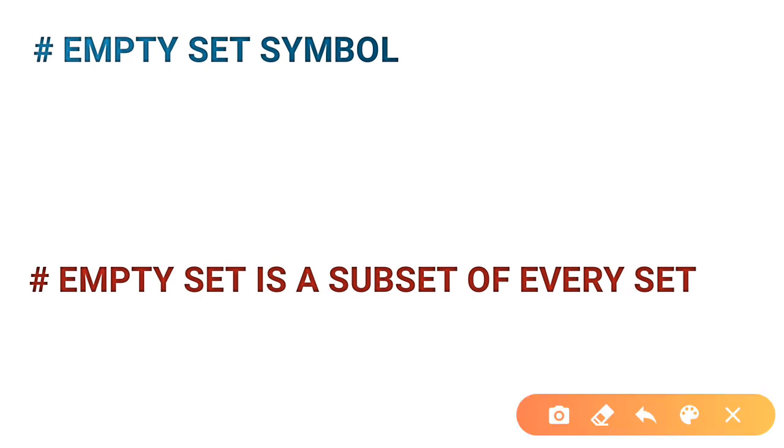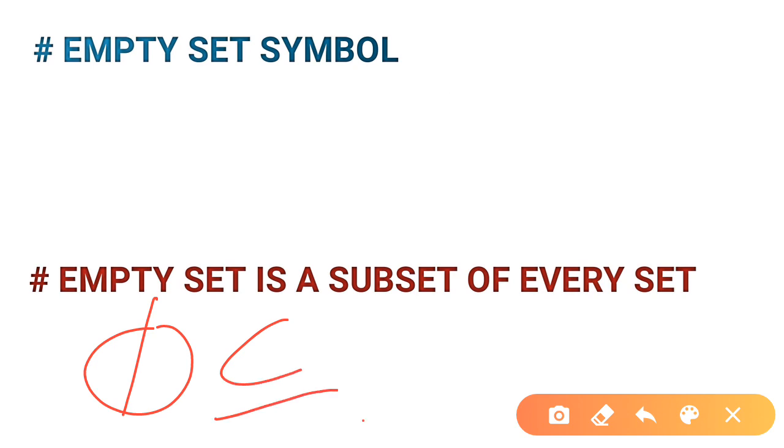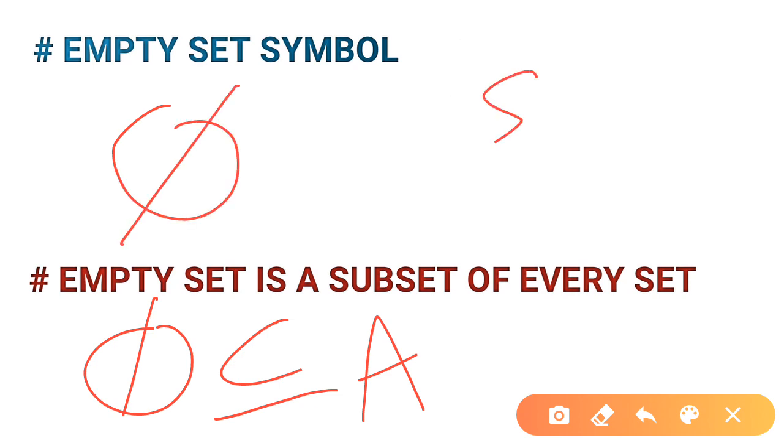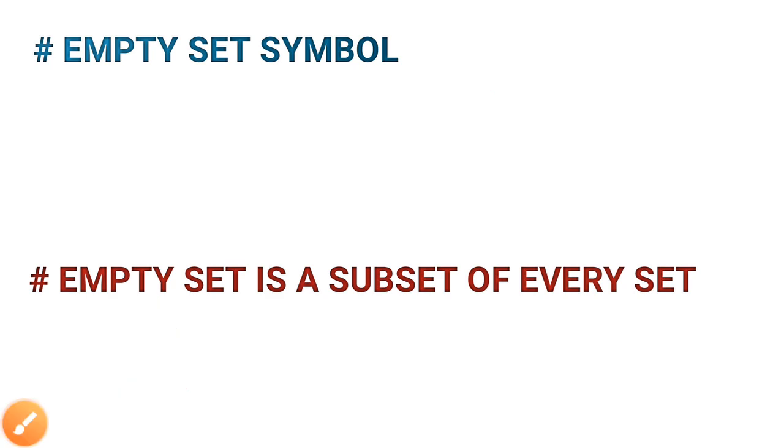And also we have taken some notes. First note, the empty set is a subset of every set. Empty set symbol is phi, otherwise empty curly brackets. And the next one, also a very important note: every set is a subset of itself.